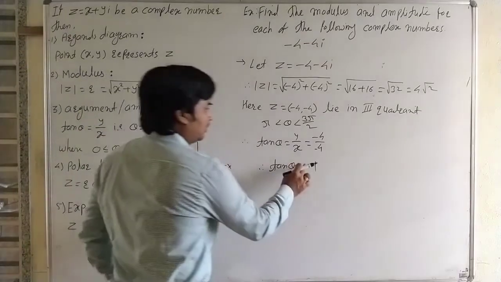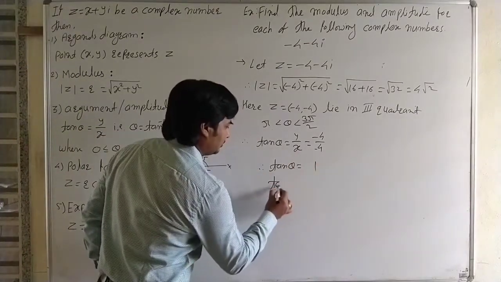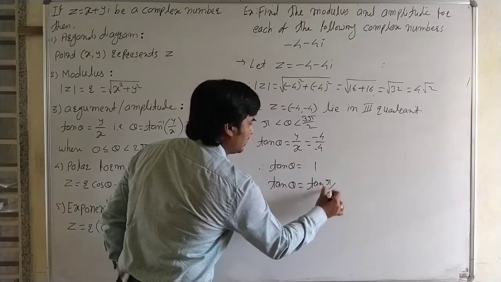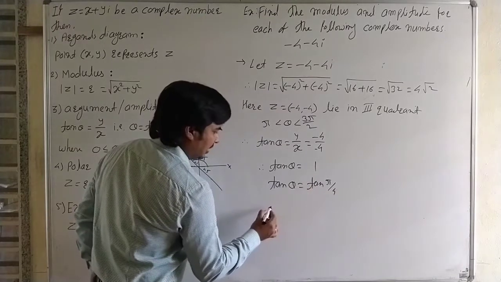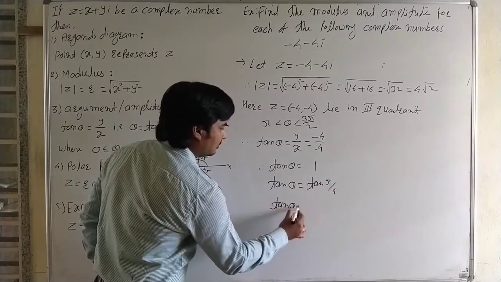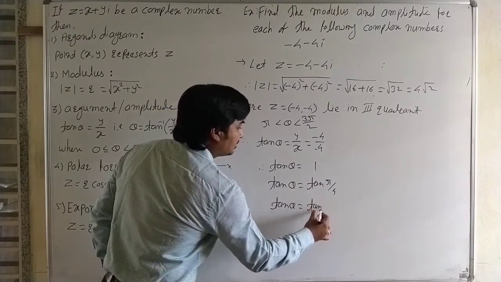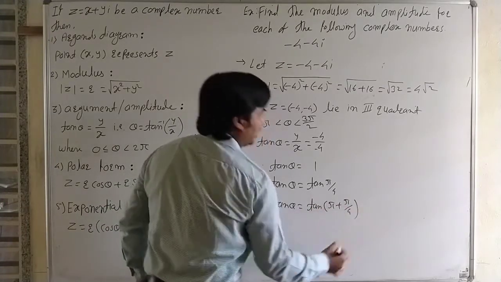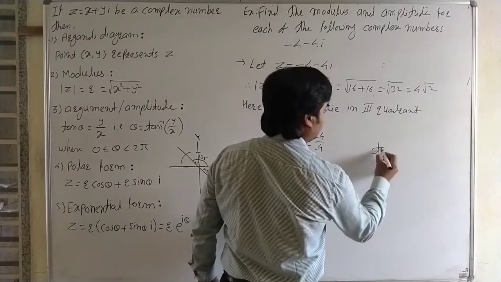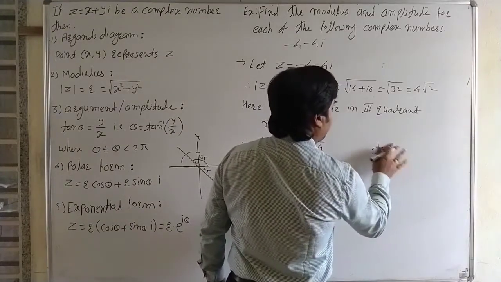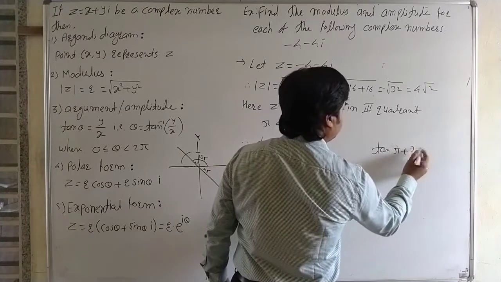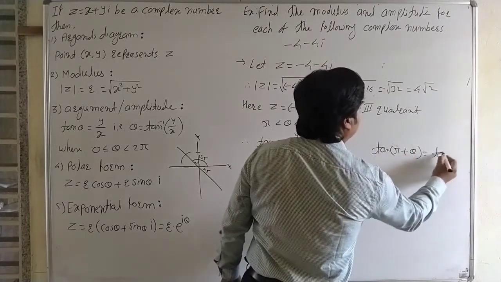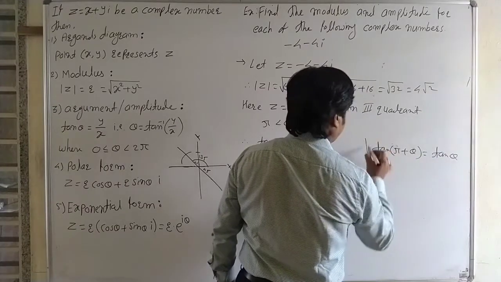Therefore tan θ = tan π/4 = tan 1, then tan θ = tan(π + π/4) in the third quadrant. Here we use the formula tan(π + θ) = tan θ. It is a formula.